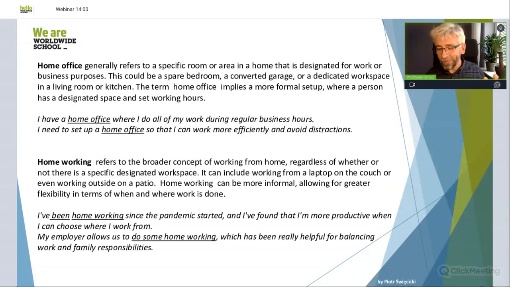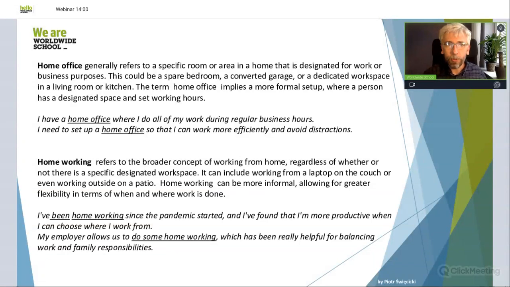So this could be something quite important for some of you, because there are so many people saying that they are doing their home office, instead of home working. Home office also means Ministerstwo Spraw Wewnętrznych, but that's something else. So what is home office?